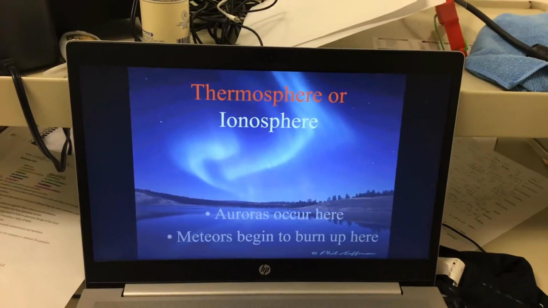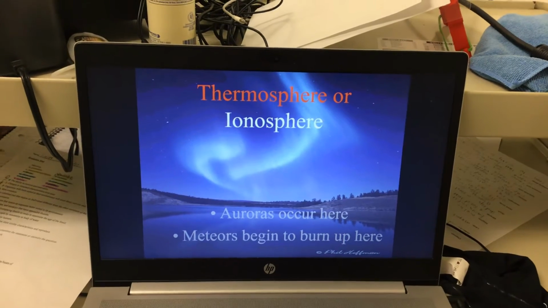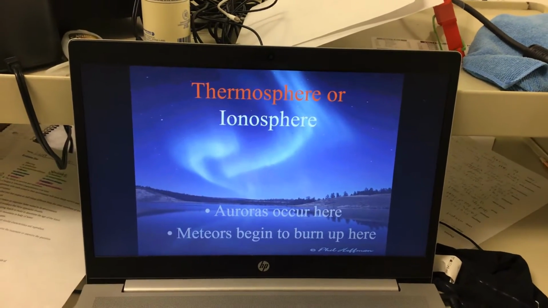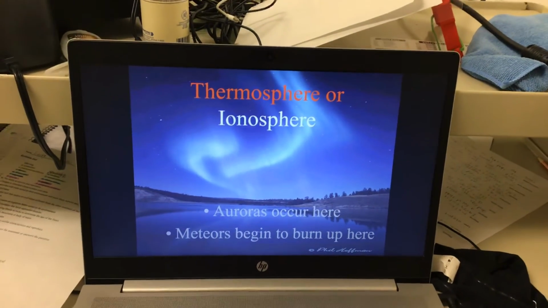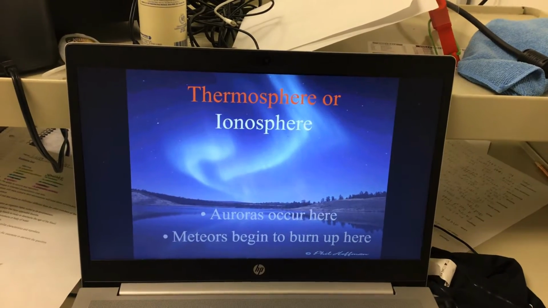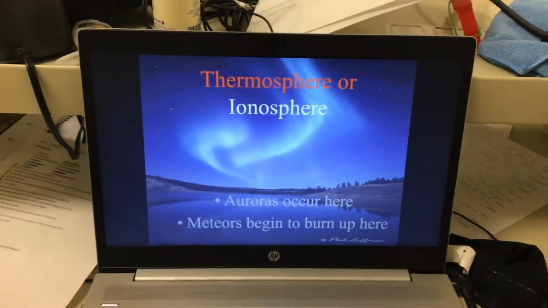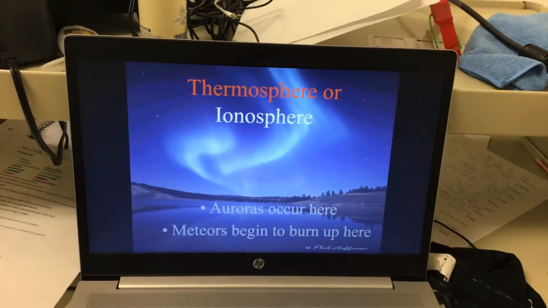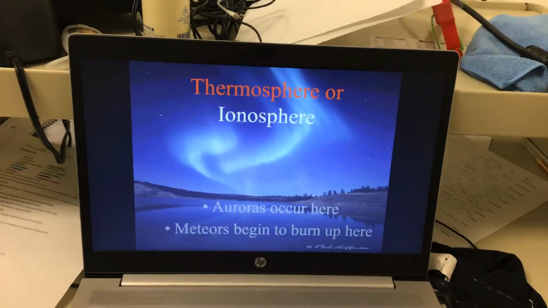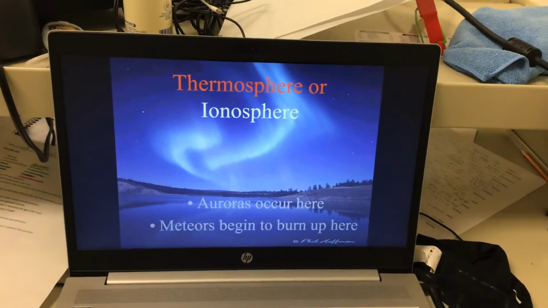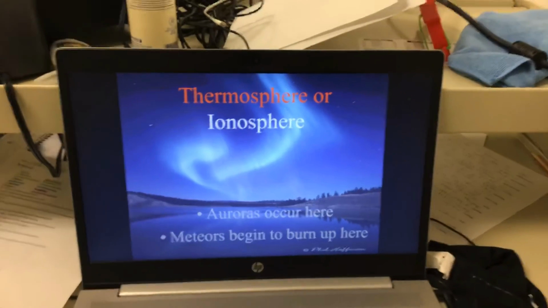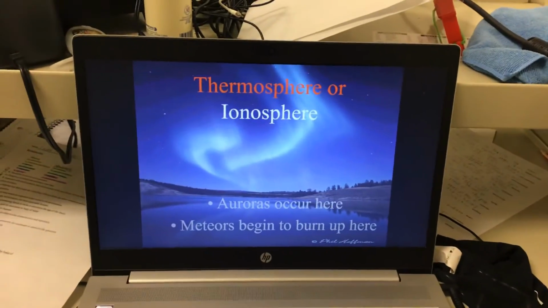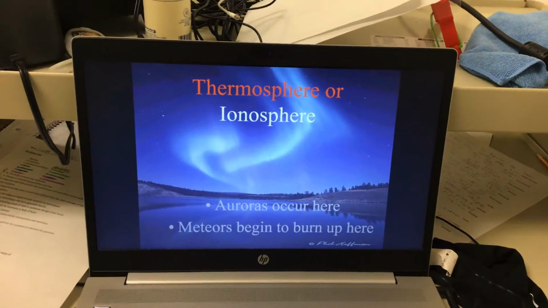Okay, the cool thing about our atmosphere is it not only protects us from harmful UV rays, but also meteors. Okay, when a meteor gets too close, the Earth's gravity is going to suck it in. And as that meteor falls through the atmosphere, it's going to burn up because of friction with air molecules.